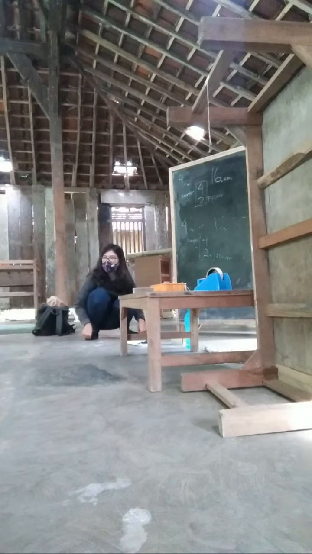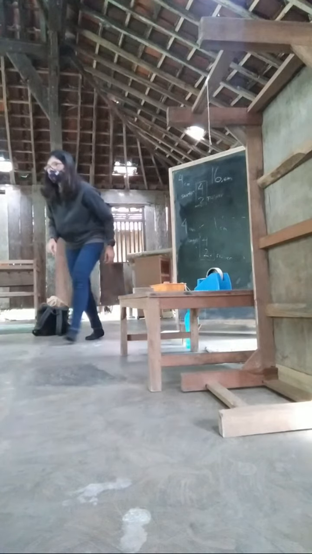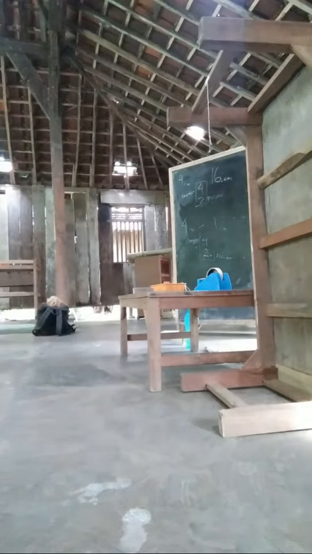What number is that? No, the last number, the last box. 2 divided by 1. This one. So this is the last number. Then 288 divided by.